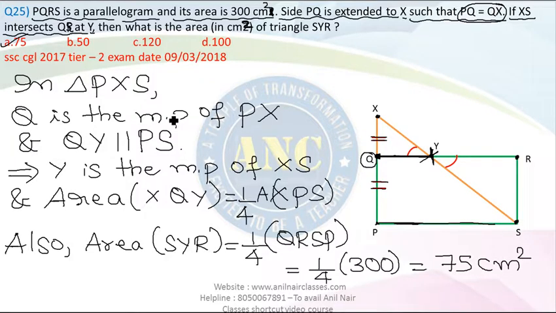Because of that, Y is the midpoint, and if Y becomes the midpoint of XS, area of XQY will be 1/4 of area of XPS, and therefore I can also say SYR area will be 1/4 of the PQRS quadrilateral area, and the quadrilateral area is given in the question as 300. 1/4 of 300, the final answer will become 75 centimeter square. I hope the idea is very clear for each and every student who is listening to this particular class.